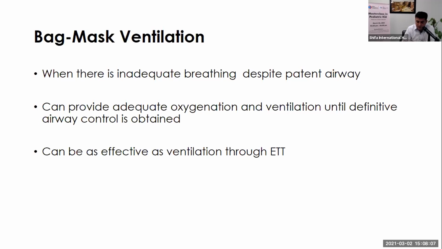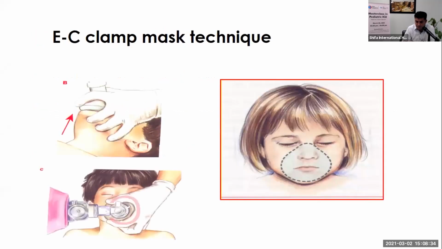There are different sizes. You need to know which one you use for which patients, because there are different volumes of the Ambu bags. And remember that bag mask ventilation can be as good as even ventilation through an ETT. If you are facing a difficult ventilation or difficult intubation, you simply go for bag mask ventilation and call for help.